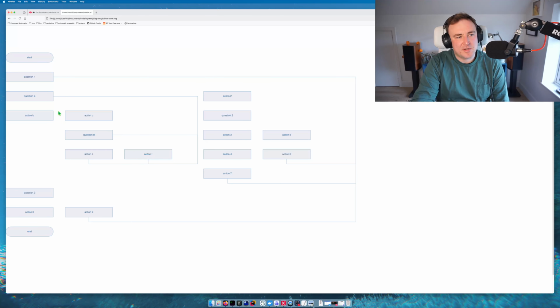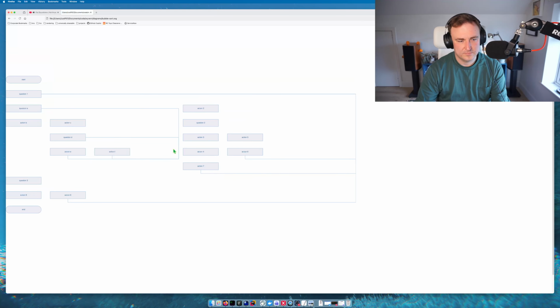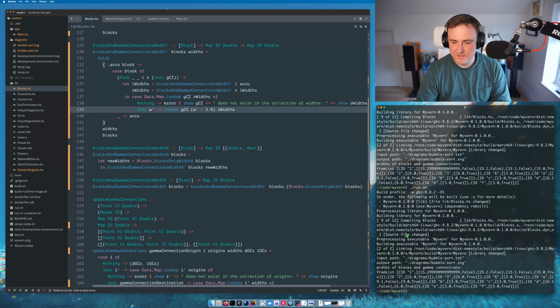Question A normally would have 3, 6, 9 width. One connection leads to it, so it has 12. But since this one is also extended, it should be 15. See? It is 15, yes.